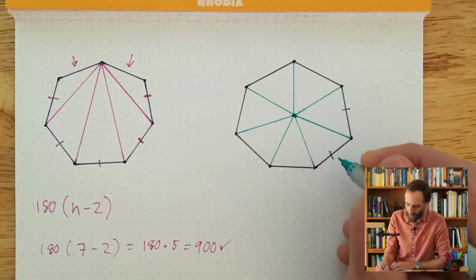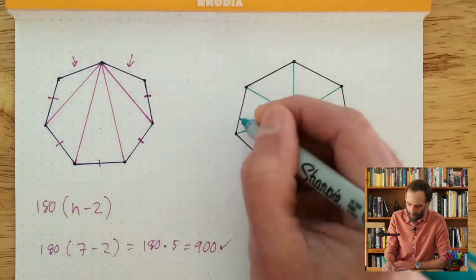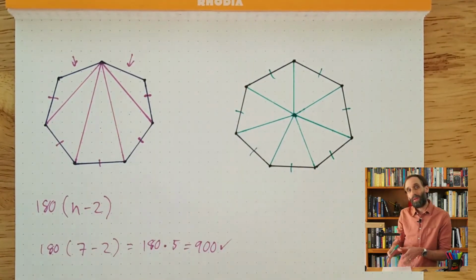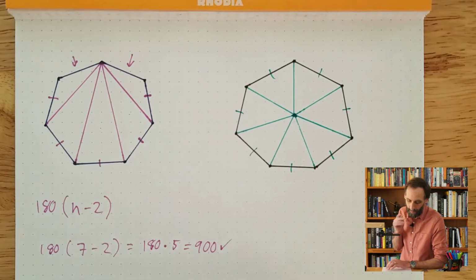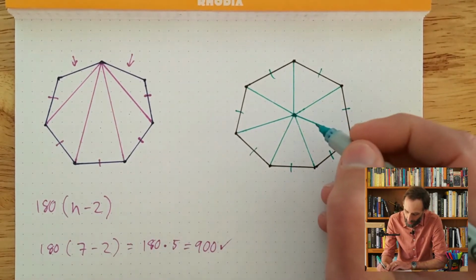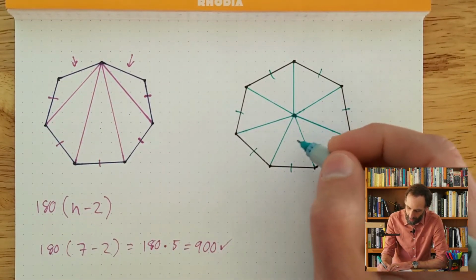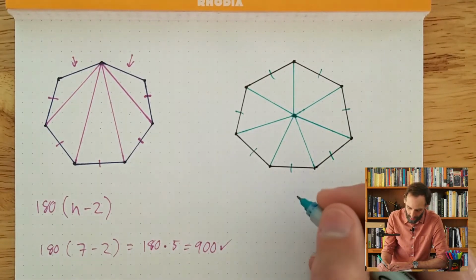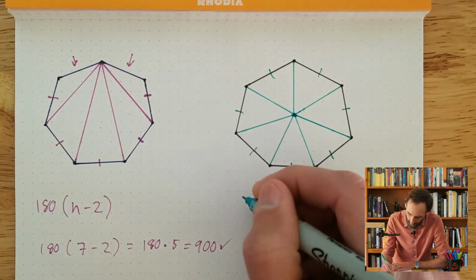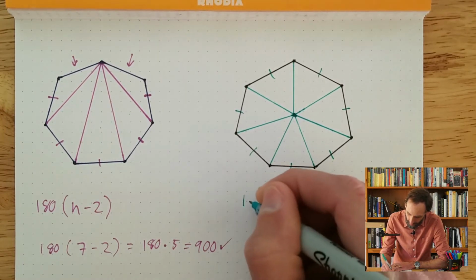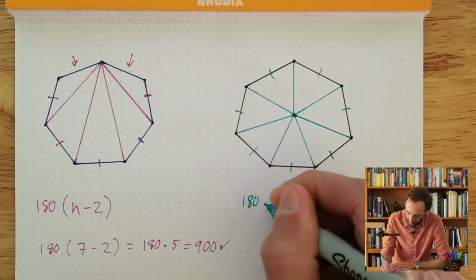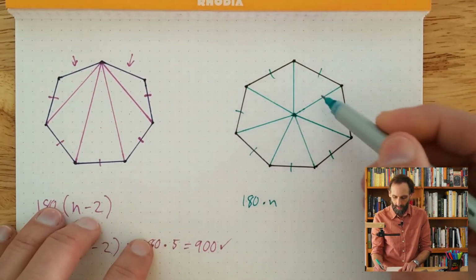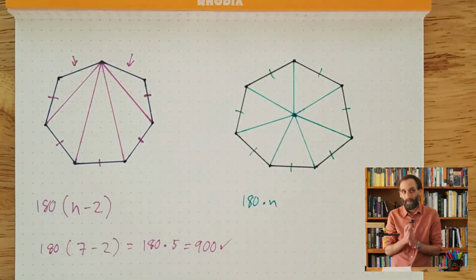So what that means is I actually have 7 triangles, the same as the number of sides of the original polygon. Okay, well, I know that the angle sum of each of these 7 triangles is once again 180 degrees. So I can say, okay, I'm going to say 180 times n. That will give me the angle sum of all 7 triangles.